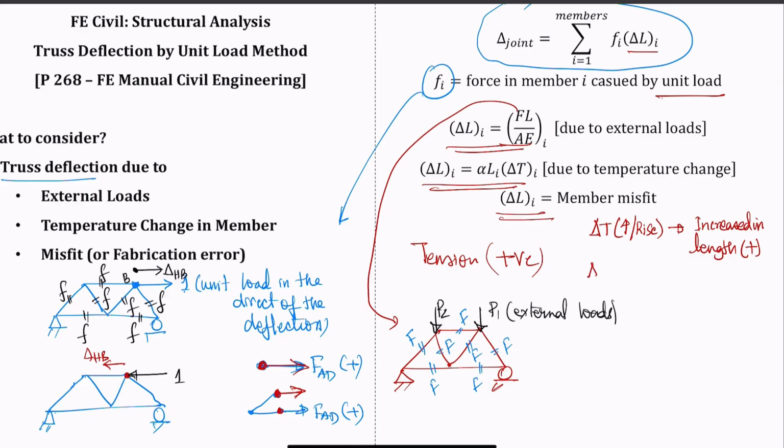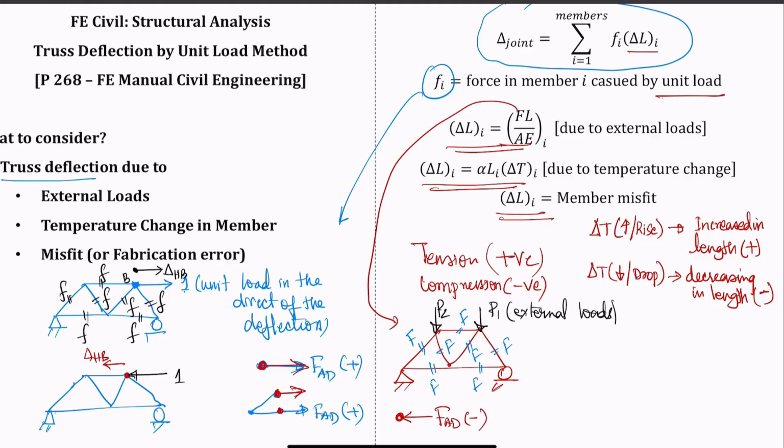And if delta T is dropping or decreasing, it will lead to a decrease in length. So if it is decreasing in length, then we say that it's going to be compression, which is your negative.